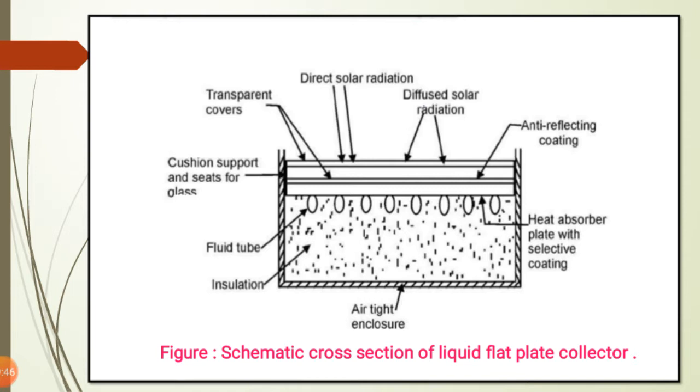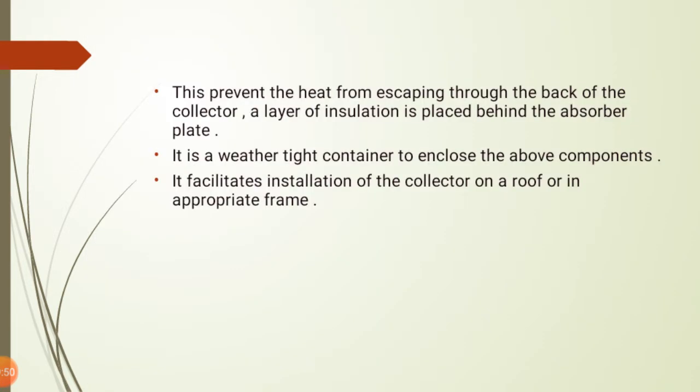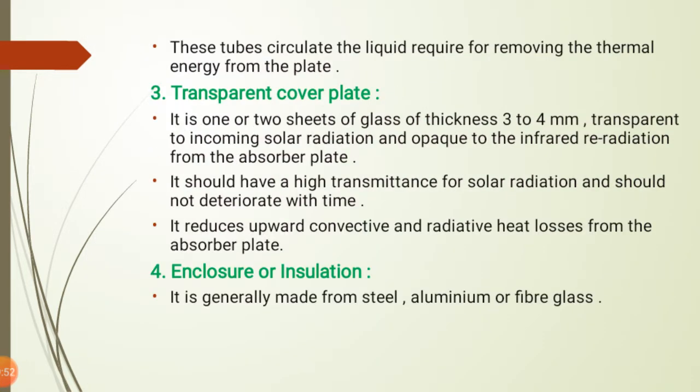The transparent cover has one or two layers with a thickness of 3 to 4 millimeter, made of glass, and they should be transparent to the incoming solar radiation, but opaque to the infrared radiation from the absorber plate.